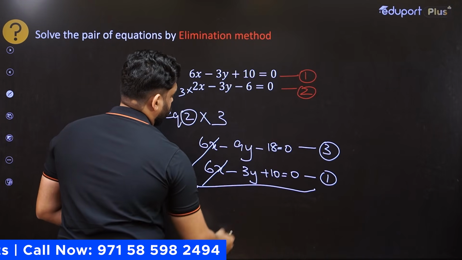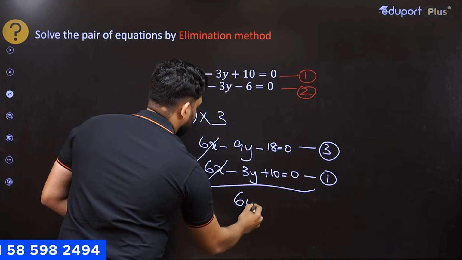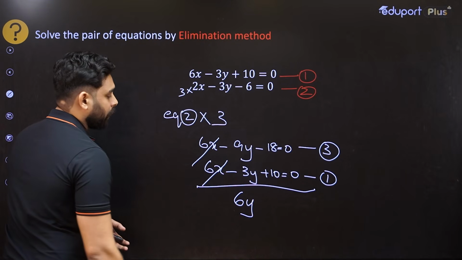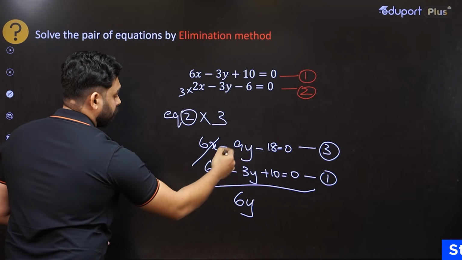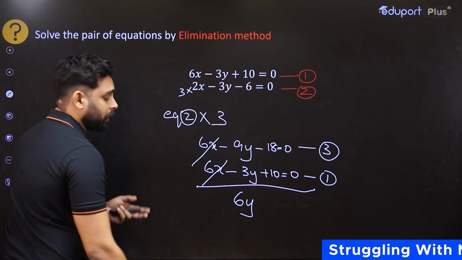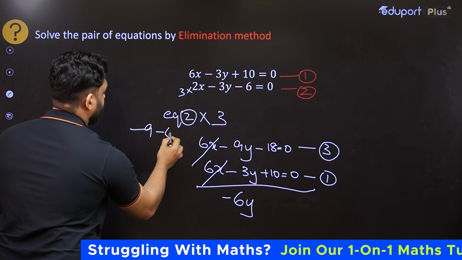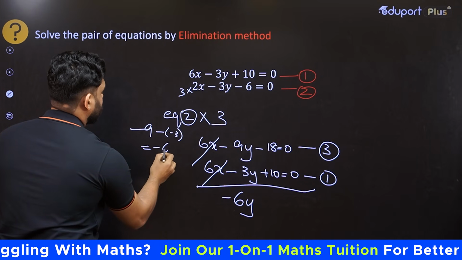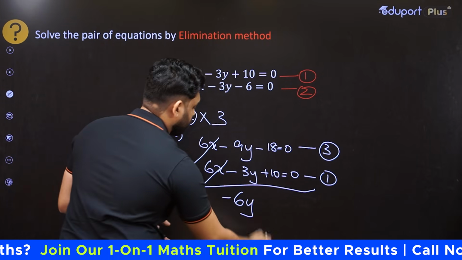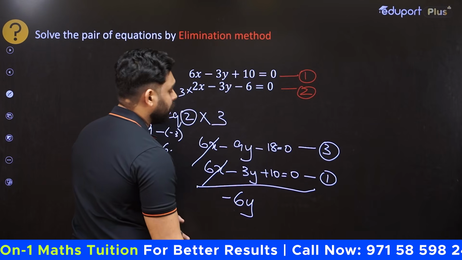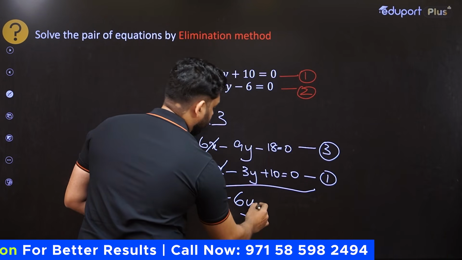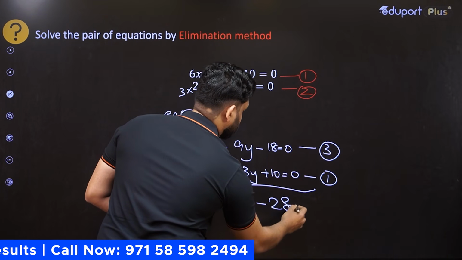Minus 9y, minus of minus will become plus, 3y, so minus 6y. And minus 18 minus 10 becomes minus 28, which is equal to 0.